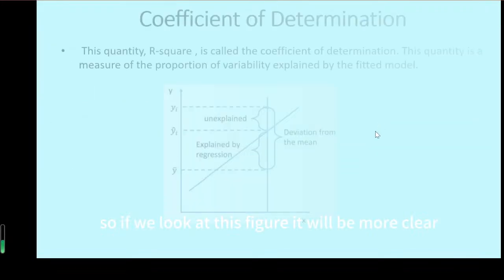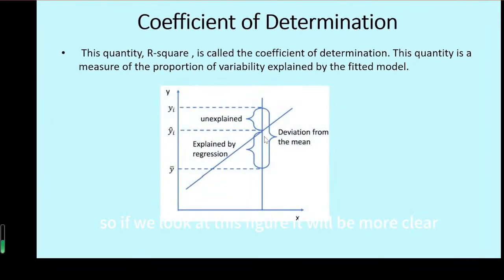If we look at this figure, it will be more clear. This is the y bar. For the linear regression, all the y values have a mean value, y bar, right? And for this individual y, yi is an observation here. Then y hat is this point, because this is the linear regression fitted line.